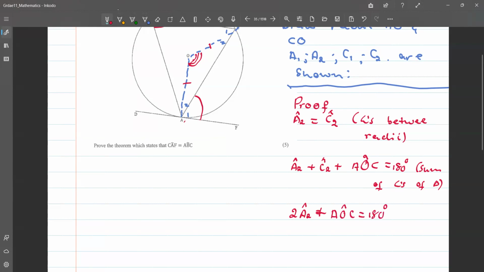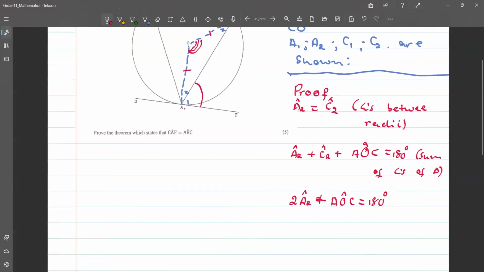Okay? Now I take 2A2 to the other side. So AOC is going to be 180 degrees minus 2A2. Right? We leave it there.